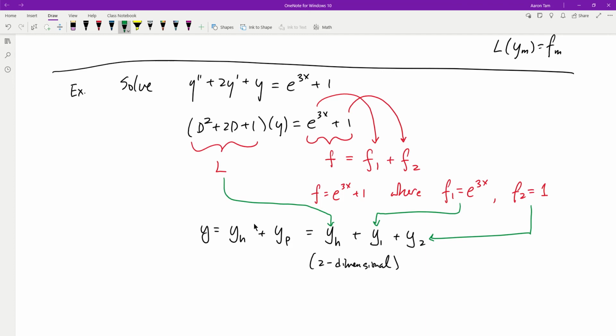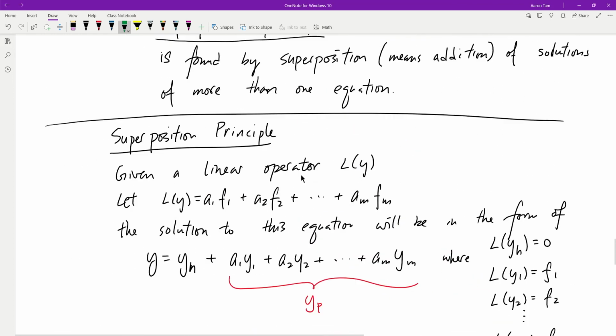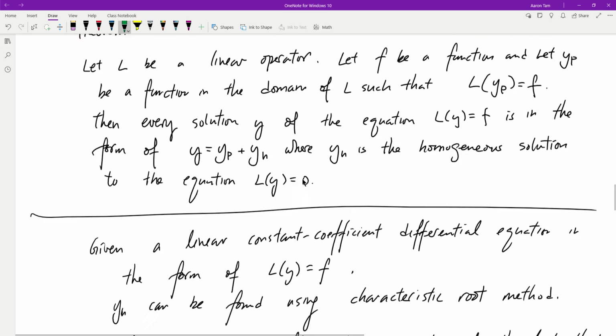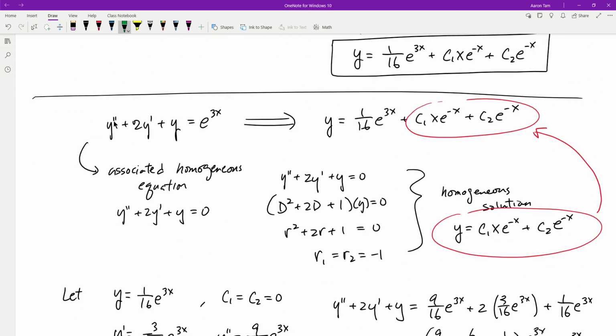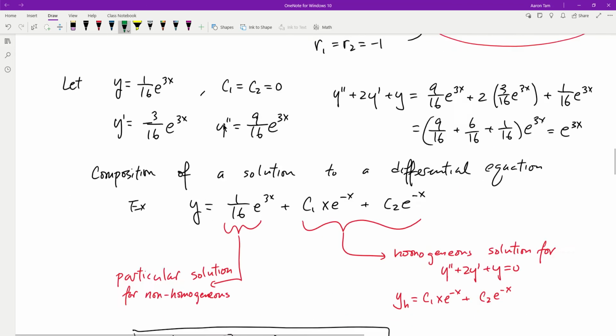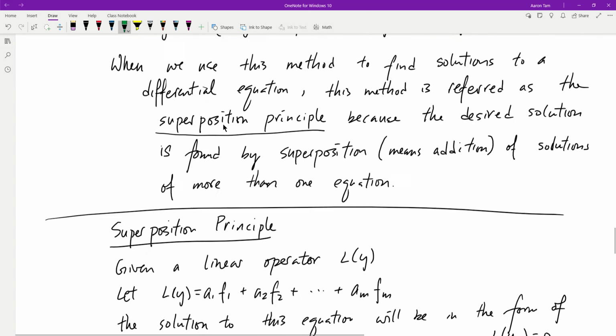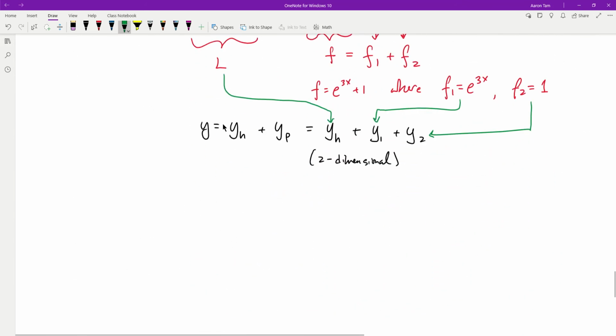If you look at this equation, we actually know something about it already. Go back to your notes from yesterday. Notice that we actually already solved the equation y double prime plus 2y prime plus y equal to e to 3x. Meaning we already know some part of this solution, and we don't have to go through the whole thing.